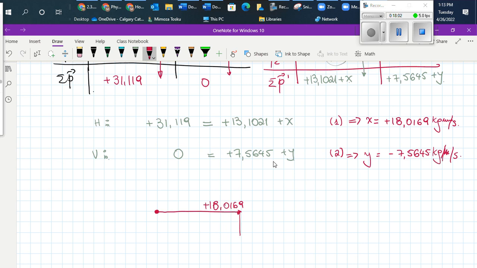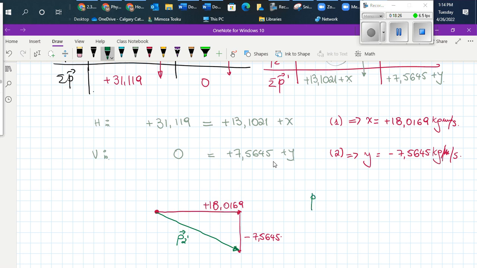And the vertical component is negative, so we'll be going south, and will be 7.5645, which tells us that momentum 2 after the collision will be a vector that looks like this.